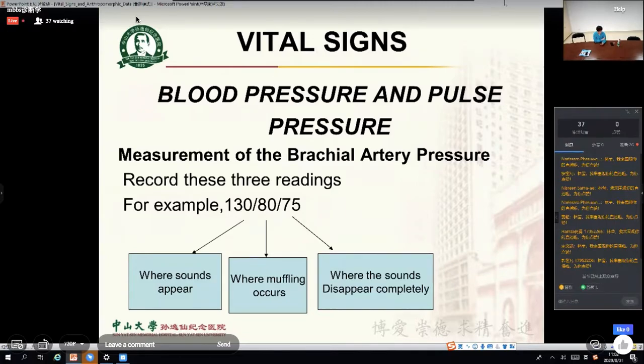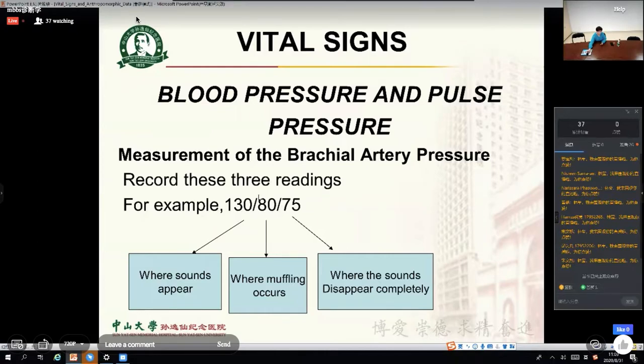For example, we have 3 readings like this: 130, 80, and 75. 130 is the systolic blood pressure, where the sounds appear. We pick up the first sound, and the reading at the first sound is the systolic blood pressure.